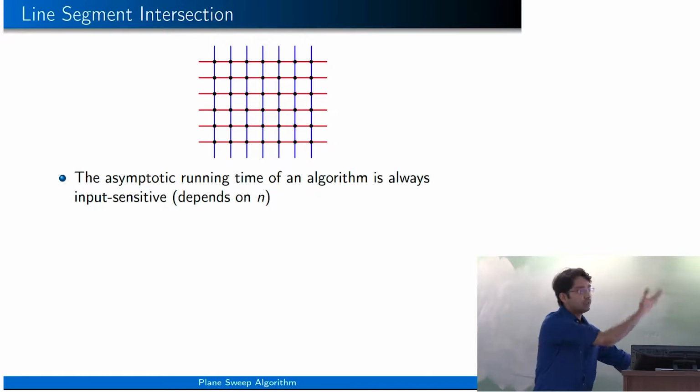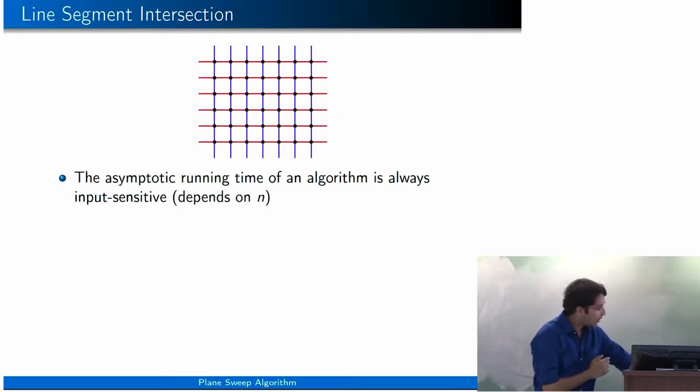Suppose I give you this instance, then whatever algorithm you give me, that is how we calculate the lower bound of an algorithm. For this instance, your algorithm has to spend order n square time, right? So, you cannot beat order n square time in any way, because you have to report order n square intersections for this instance.